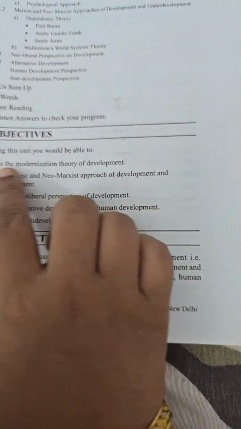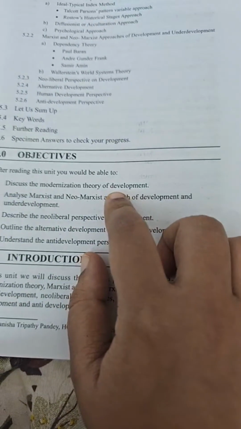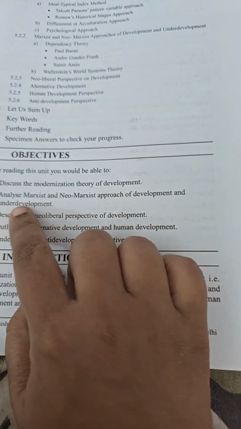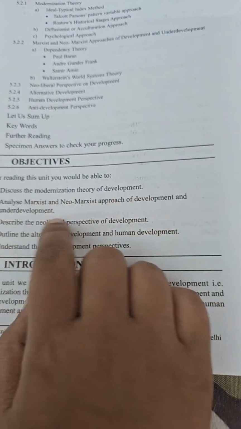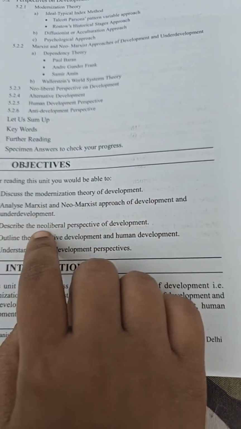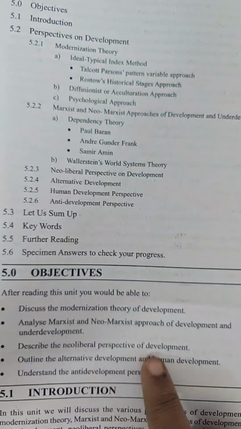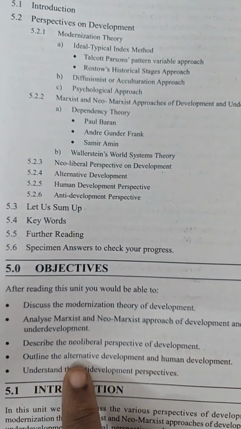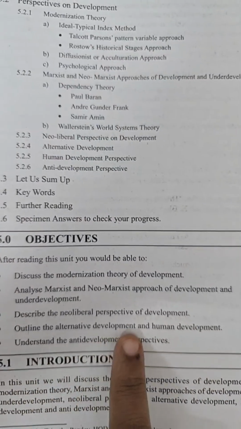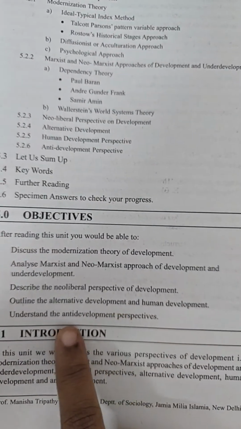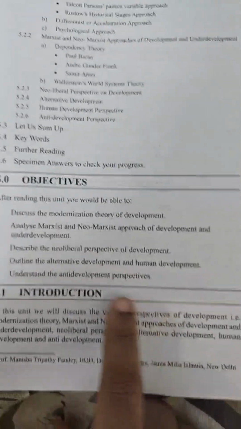Objectives: discuss the modernization theory of development, analyze the Marxist and neo-Marxist approaches to development and underdevelopment, describe the neoliberal perspectives of development, outline the alternative development and human development, understand the anti-development perspectives.